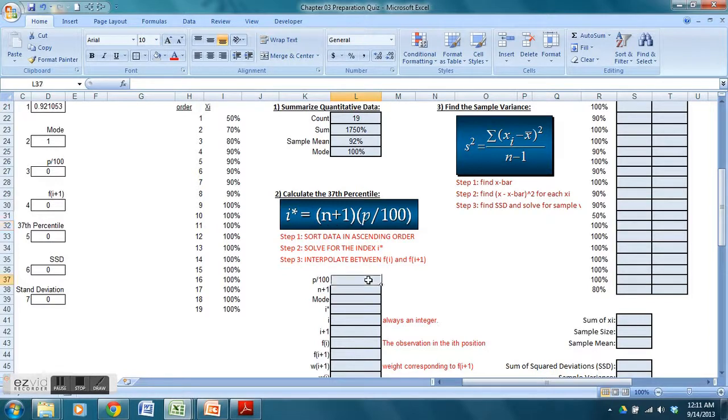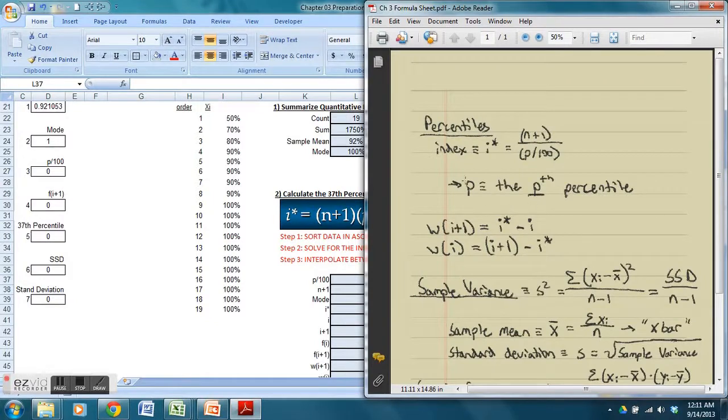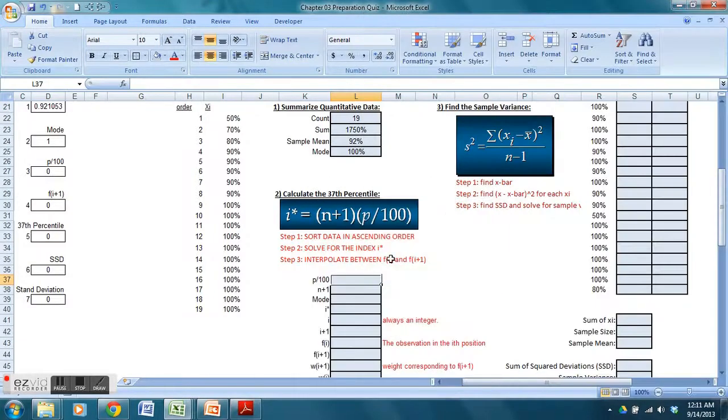Starting out, P: if you're not sure what P divided by 100 is, you can look on the formula sheet, and right there, P is the pth percentile. So in this case, P is 37. So P divided by 100 is equal to 37 divided by 100.